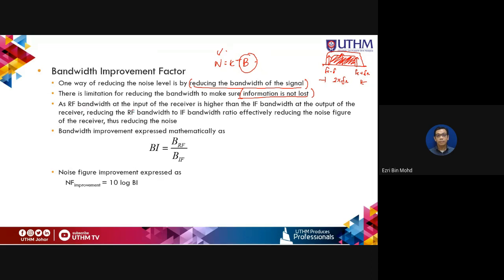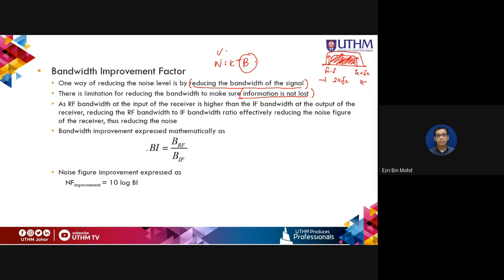As the RF bandwidth at the input of the receiver is higher than the intermediate frequency, IF bandwidth at the output of the receiver, reducing the RF bandwidth to the IF bandwidth effectively reduces the noise figure of the receiver.